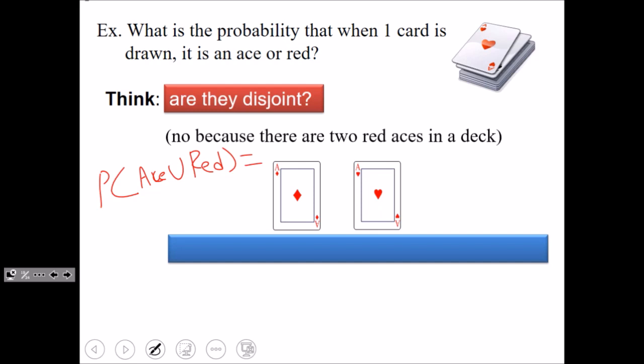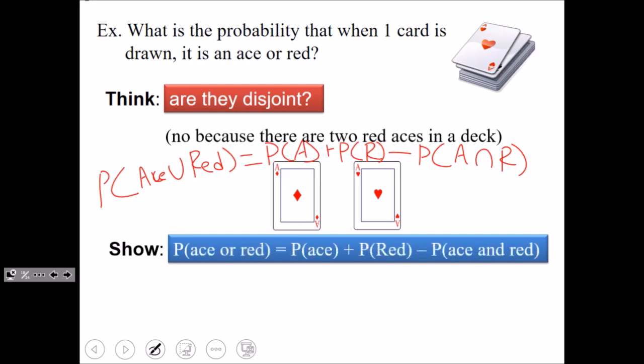Using our formula, that's going to be the probability of an ace plus the probability of red minus the probability of ace and red. I want to show my work, so that's what I'm going to do. Probability of ace or red equals the probability of ace plus probability of red minus probability of ace and red. Now I want to substitute in these values.